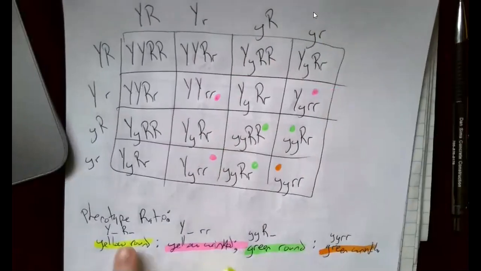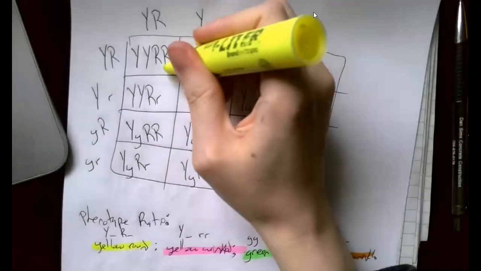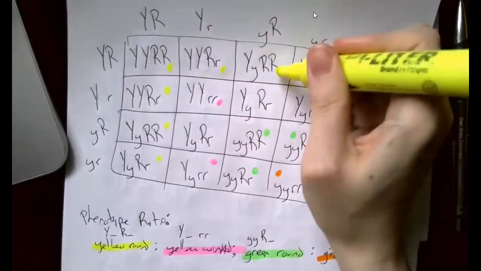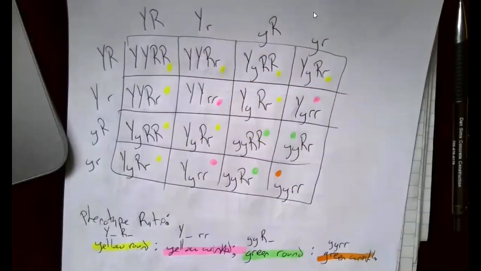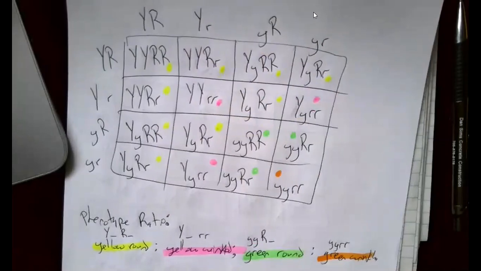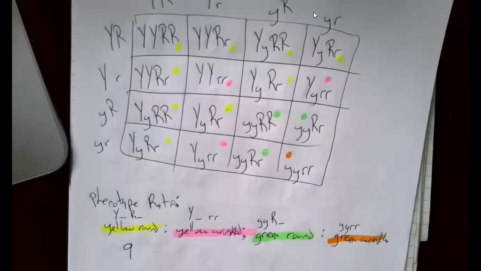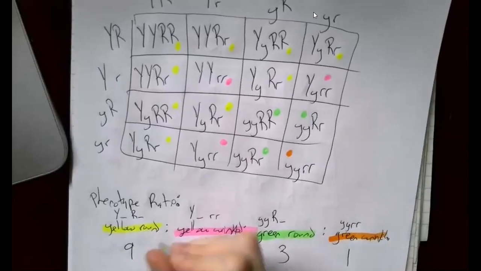And then lastly, I'll look for anything that has a capital Y and a capital R. Which is all those ones. And then I'm just going to count them up. So I have 9 yellow dots, 3 pink, 3 green, and 1 orange.